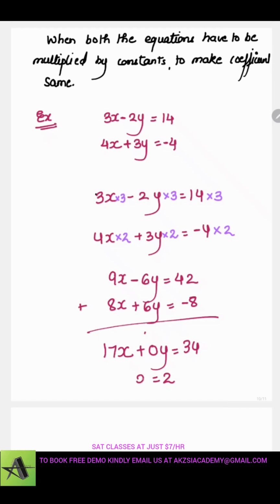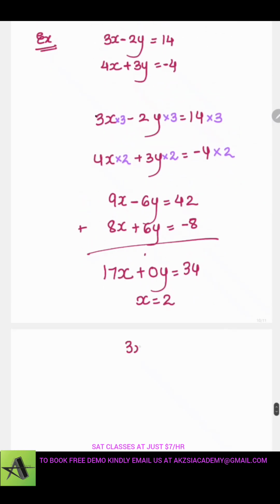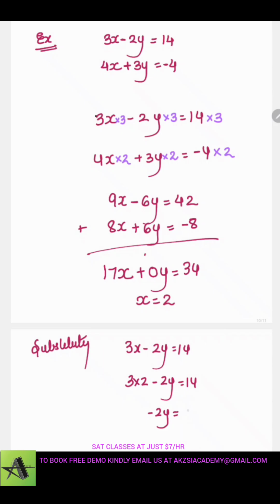So I'm just substituting this in equation 1. 3x minus 2y equals 14. So 3 into 2 minus 2y equals 14, minus 2y equals 14 minus 6, which is 8, and y equals negative 4. And this way we have calculated the value of x as 2 and y as negative 4.